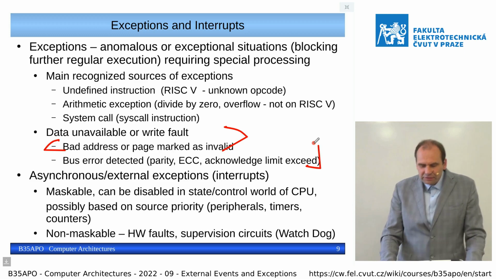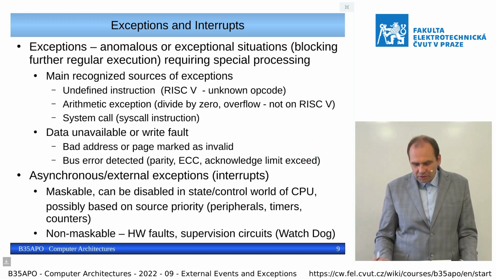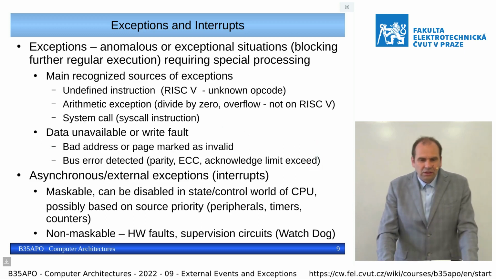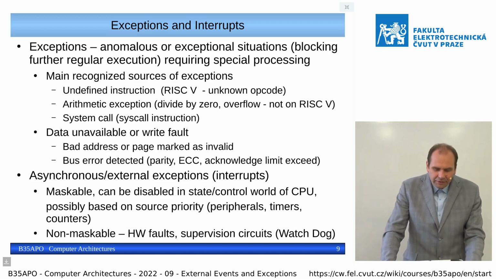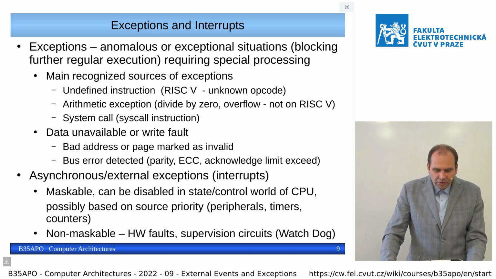In such cases, we usually need to stop the given process and signal the problem, or if it is in the kernel, then we need, for example, to reboot the system or stop it and try to reach a safe state or something like that for the control task and so on.